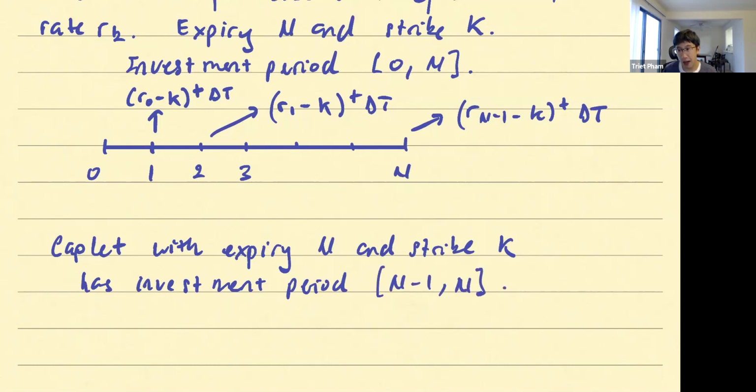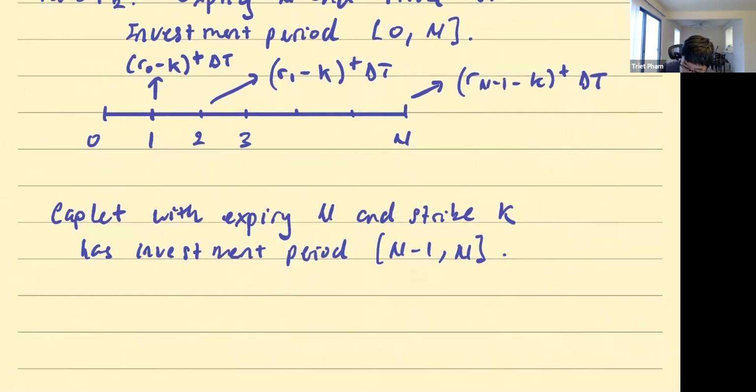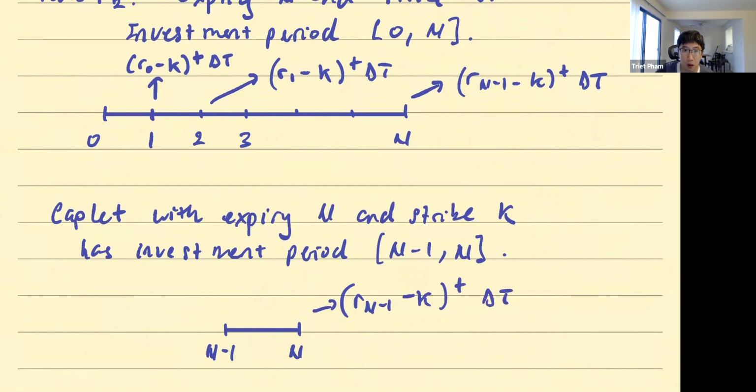Okay, so actually a caplet is the closest we can think of in terms of the call option. What it does is it just pays you exactly, so here from n minus 1 to n, it pays you this single amount at time n.